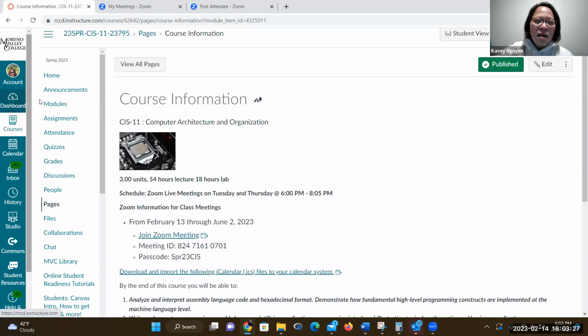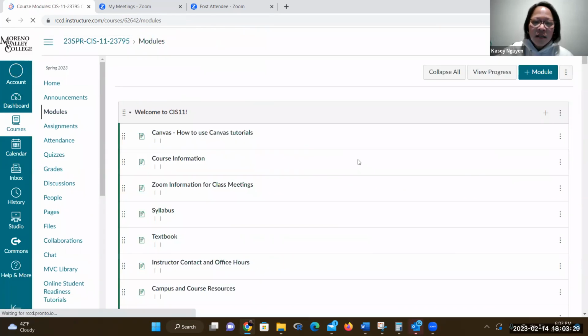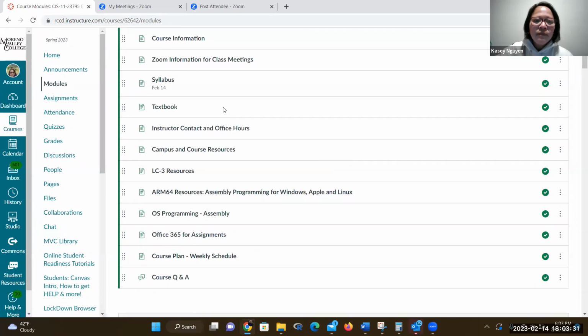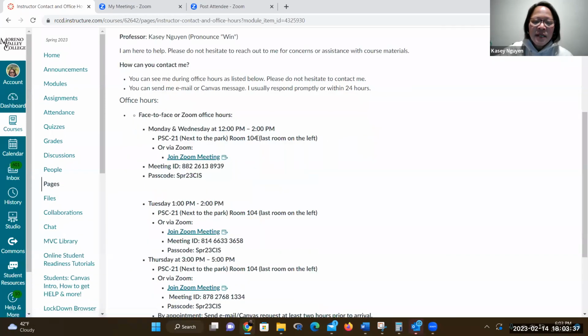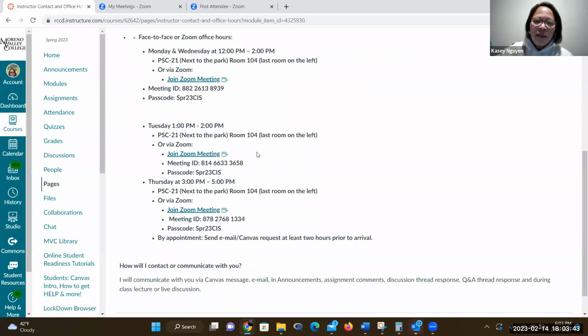And then for my contact information, you can find that here. I do hold office hours. The only thing that I recently changed is I updated my office hours. It went from 1 p.m. Now it will be 12 to 2. And then everything else stays the same. But if you can't make these hours, you can send me an email and we can make arrangement on meeting outside of my office hours.